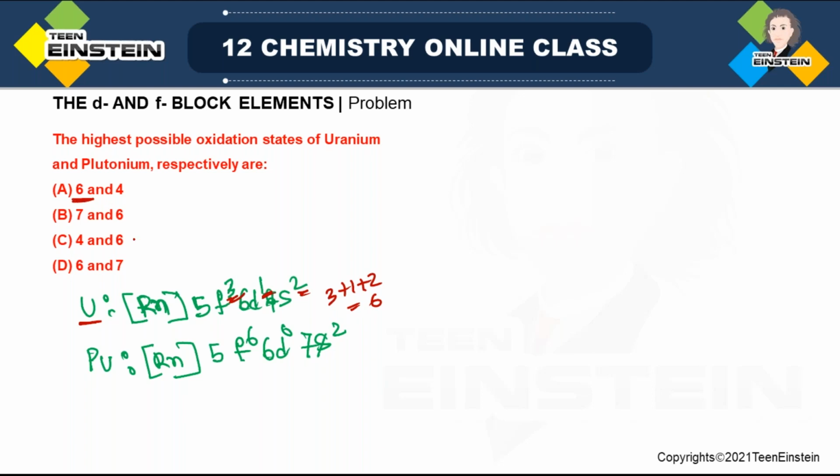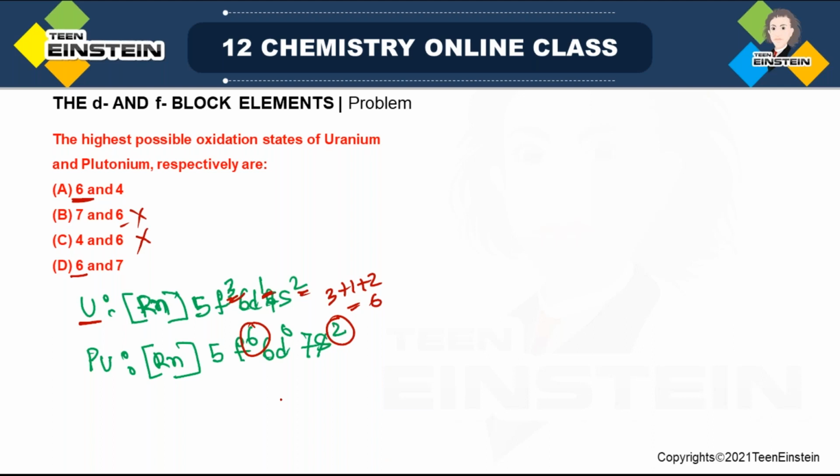Now 6 is present in option A as well as in option D. Then for plutonium, so these two are cancelled. For plutonium, is it 4 or 7? Now plutonium comes after uranium, so its highest possible oxidation state does not involve all the valence electrons. That means the highest possible oxidation state does not involve removal of all these 8 electrons, 6 plus 2.